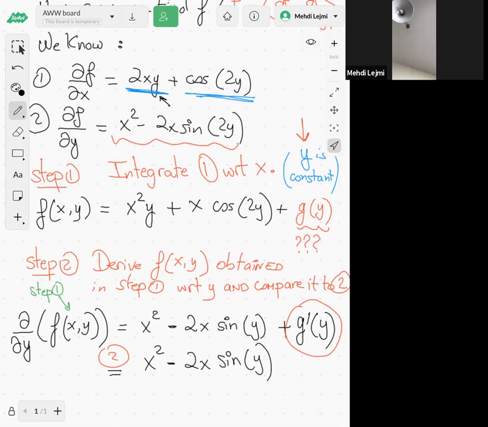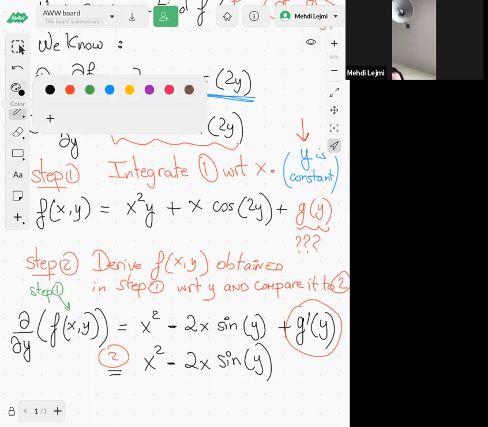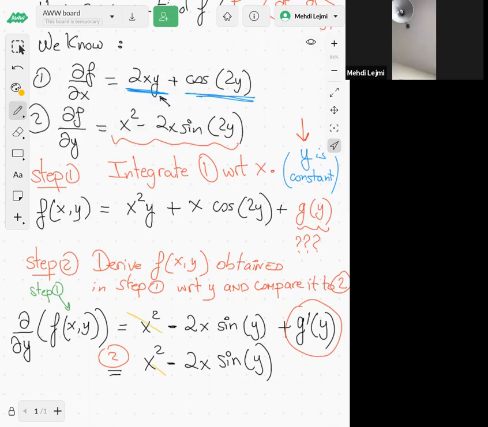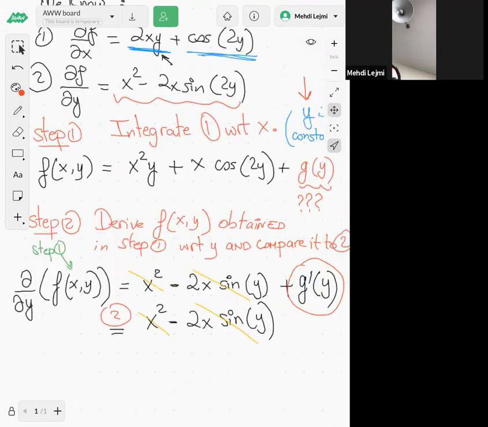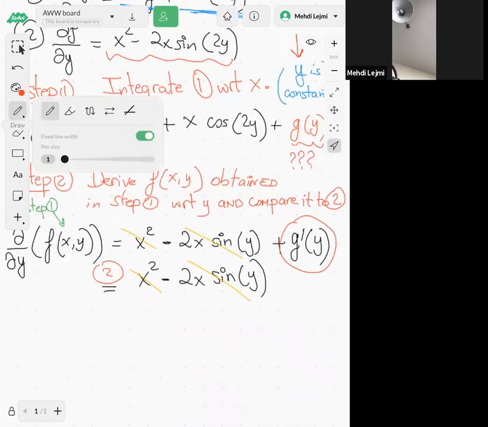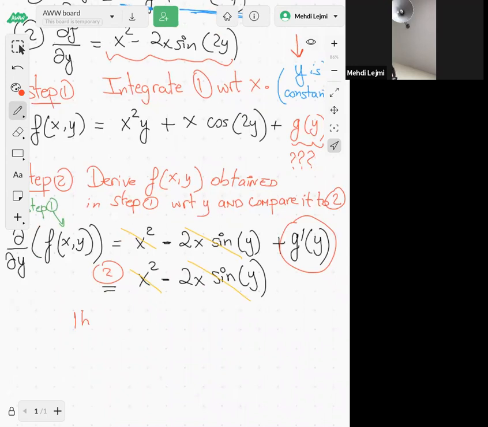So now if you compare these two functions, I have x squared here, that's perfect. I have this minus 2x sine of y, minus 2x sine of y. So then it means that g prime of y is just 0.